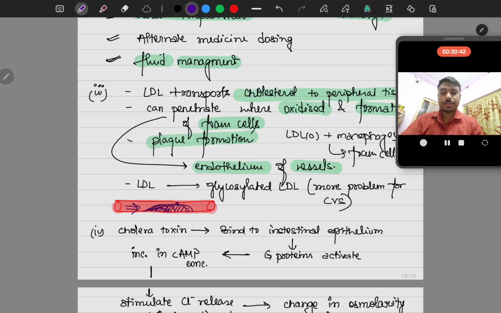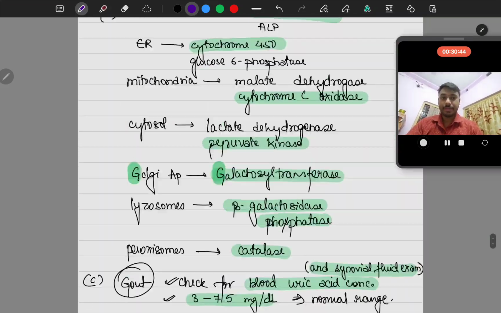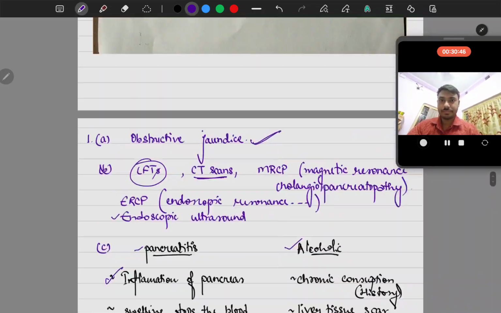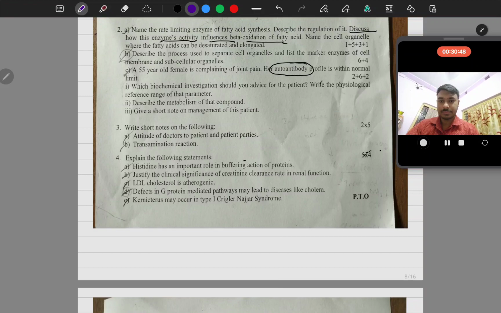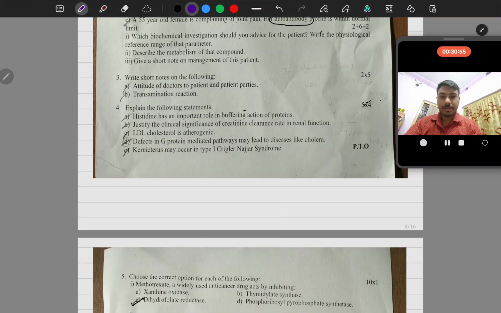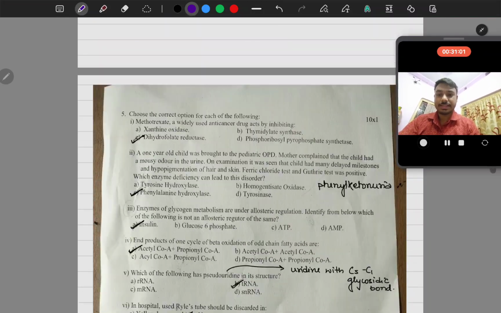Now the next question is on defects in G protein mediated pathways may lead to disease like cholera. So in cholera there is cholera toxin present. So how the cholera toxin affects the G protein, let's see.